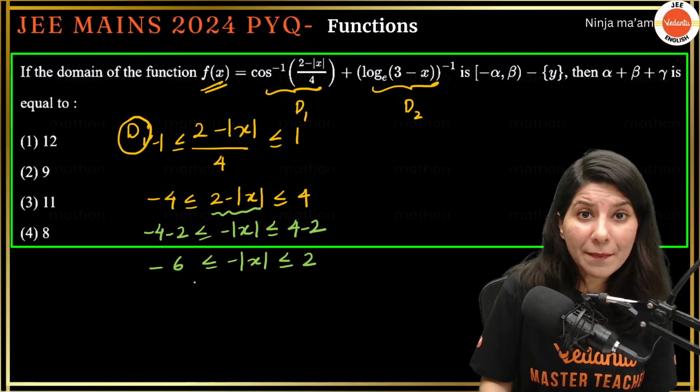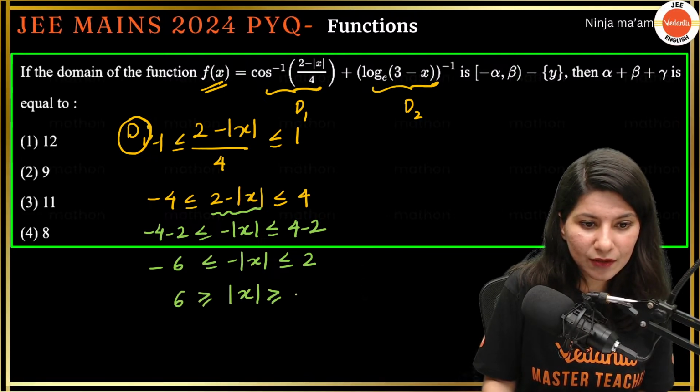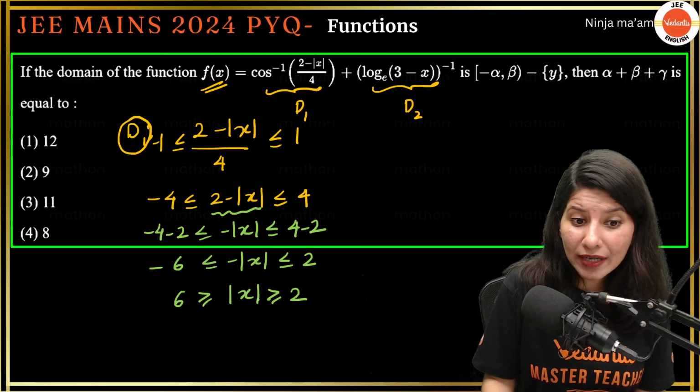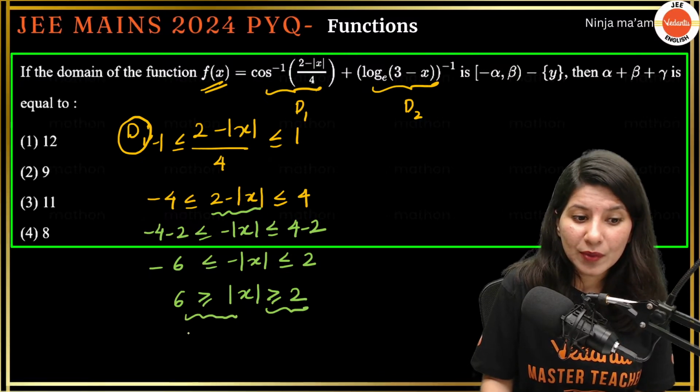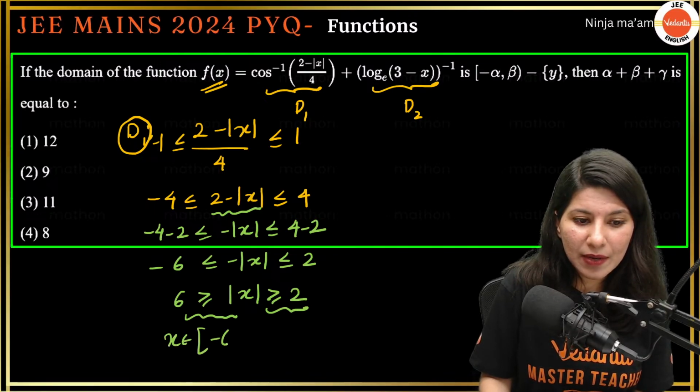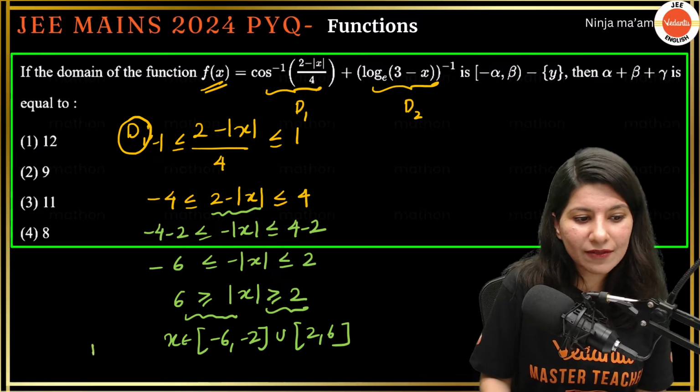Now you have to multiply by the minus sign, so 6 is greater than or equal to mod x, which is greater than or equal to 2. That means your x will be lying between minus 6 to minus 2, union 2 to 6. This is your d1, my dear students.